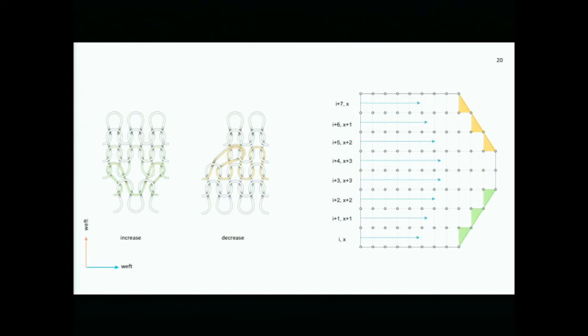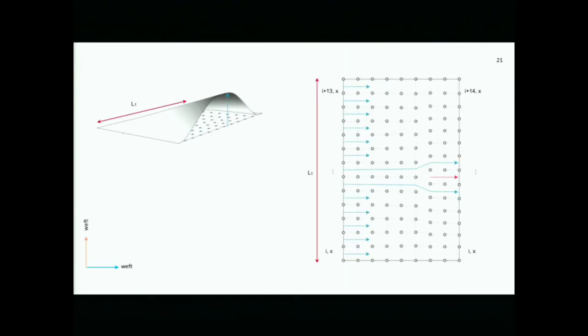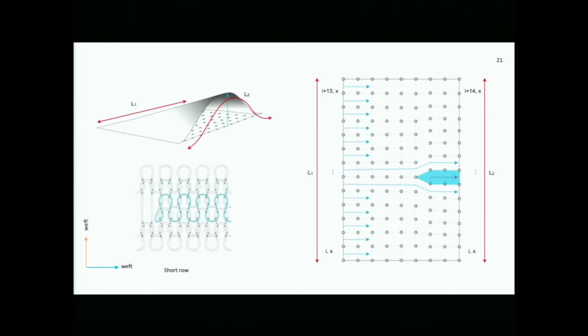In the same fashion, if we were to have directly 3D geometry, so if in this case a bump, what we notice is that the back length is not equal to the front length, and the way we can achieve this is by, again, introducing a number of loops, but in this case an entire row, and this is called a short row.